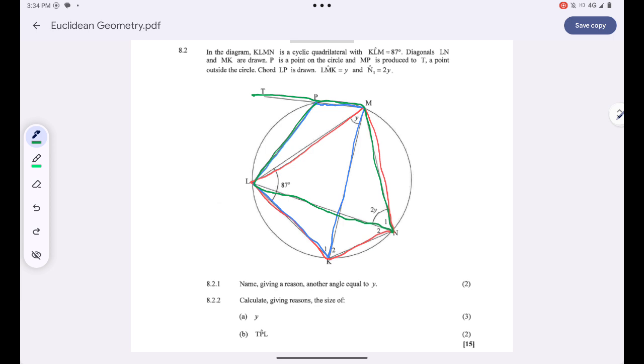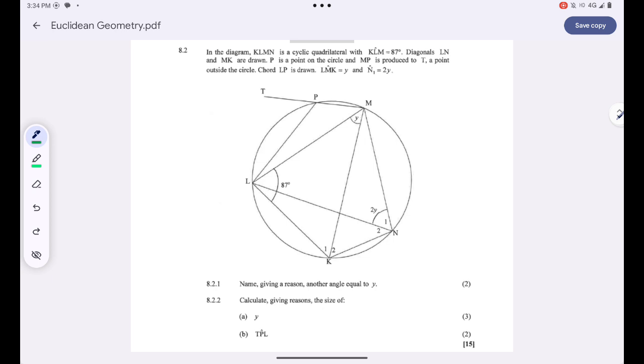Name, giving reasons, another angle which is equal to y. Where is y? Okay, there is y over there.